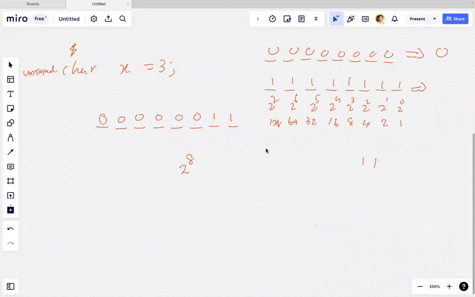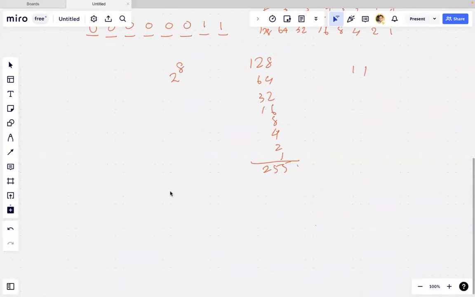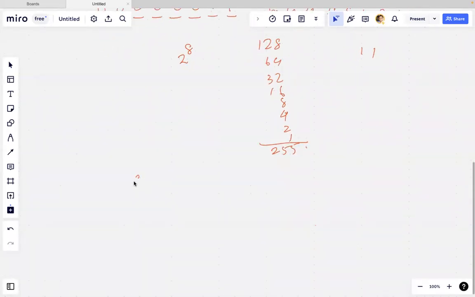Okay, here the 128 bit is 1, 64 bit is 1, 32 bit is 1, 16 bit is 1, 8 is 1, 4 also 1, 2 also 1, this is also 1. So if you add those together, you can get 255. So the minimum value is 0.